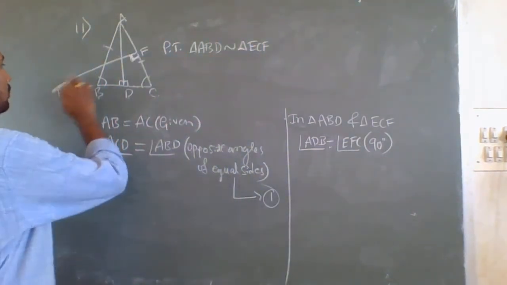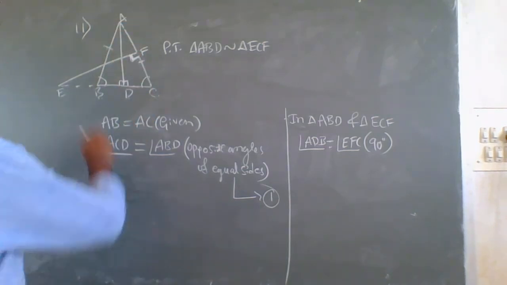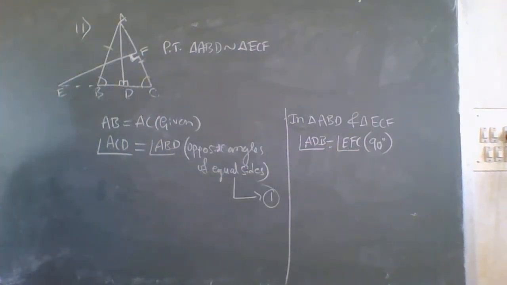Because these two sides are perpendicular to BC and AC, these two angles are 90 degrees only. Therefore, these two angles are equal to each other.